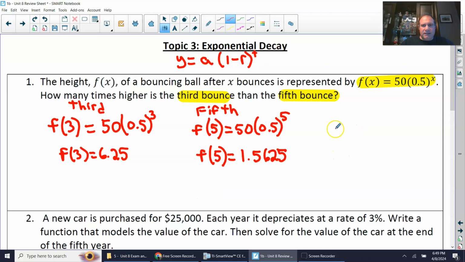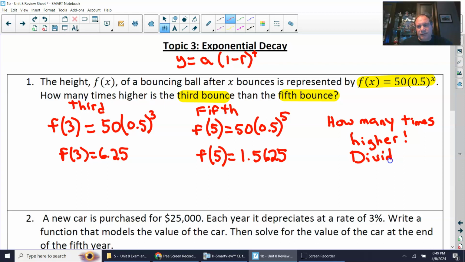Then you're going to see how many times larger, how many times higher. So you're going to divide your two answers. So this is 6.25 divided by 1.5625.